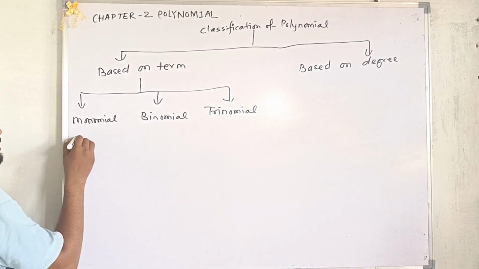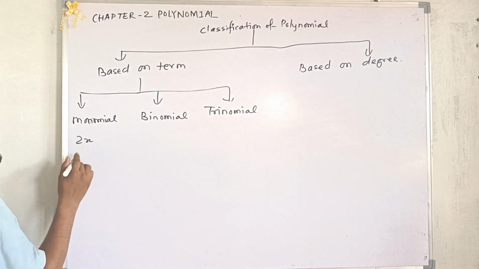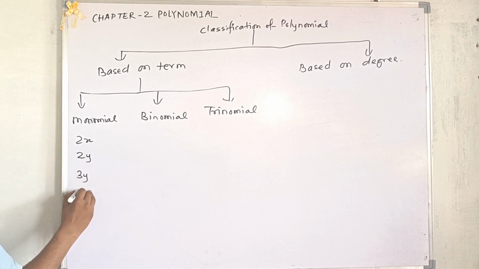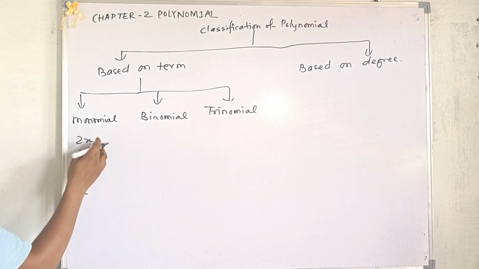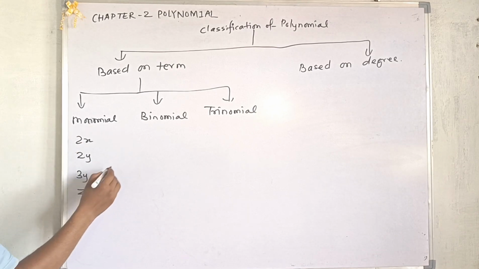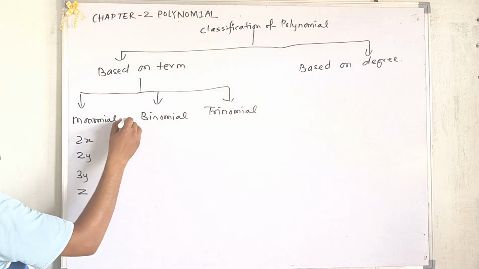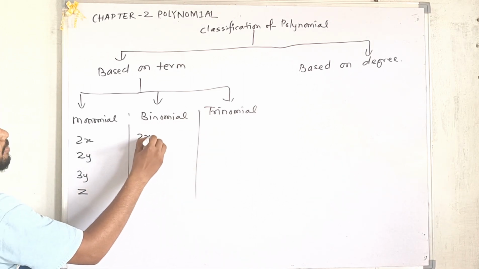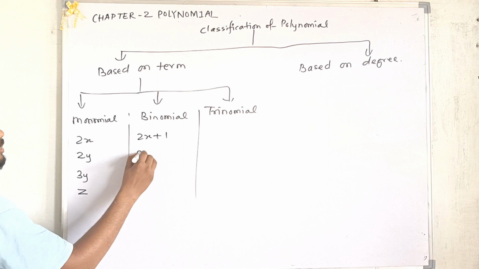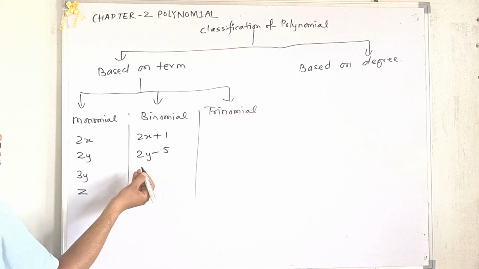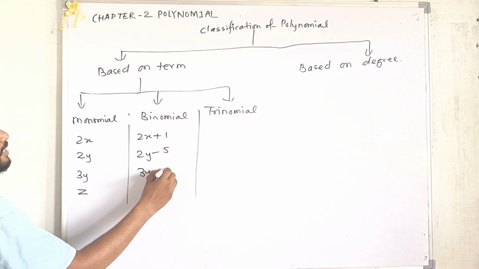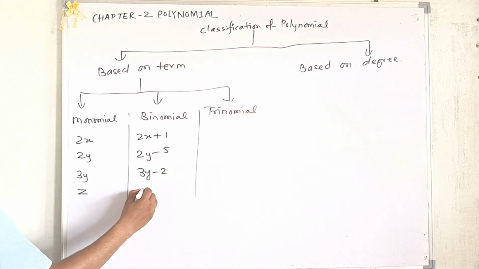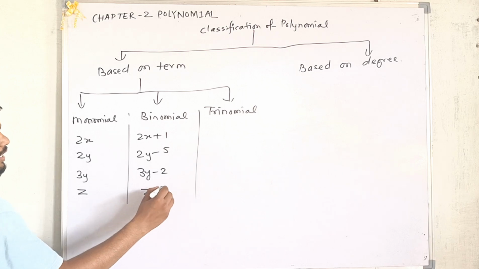Suppose I am writing 2x. 2x is a monomial. 2y, 3y, or simply z, these are known as monomial. What is binomial? Suppose I have written an algebraic expression which is 2x plus 1, or 2y minus 5, or 3y minus 2, or z minus 3.